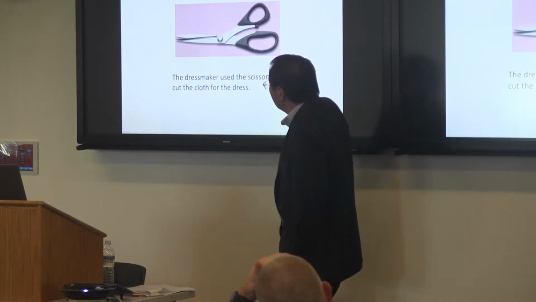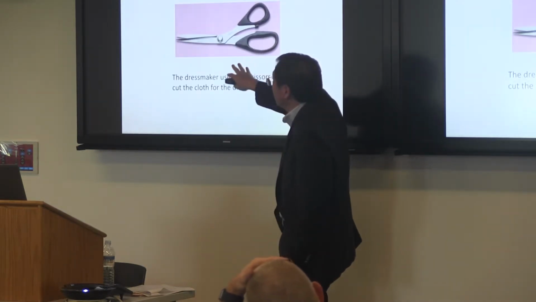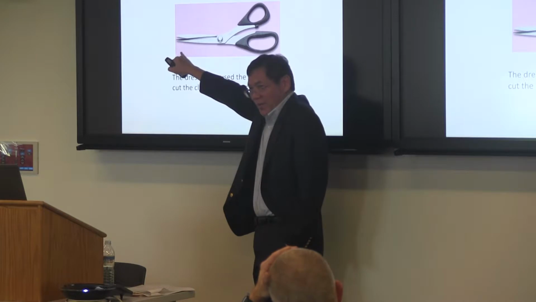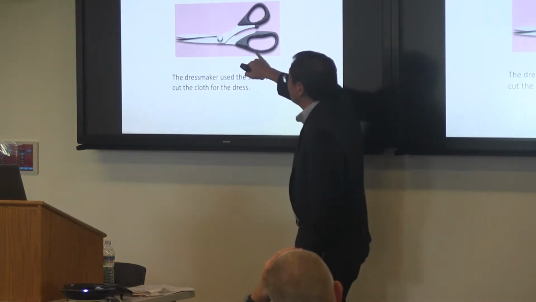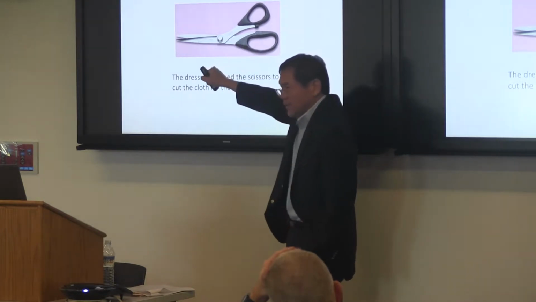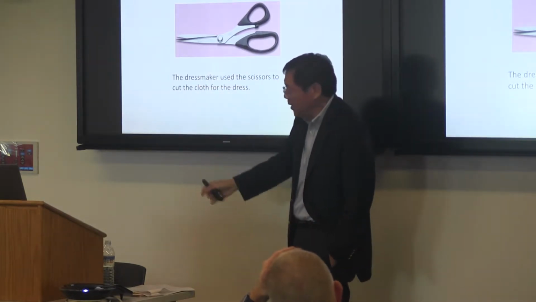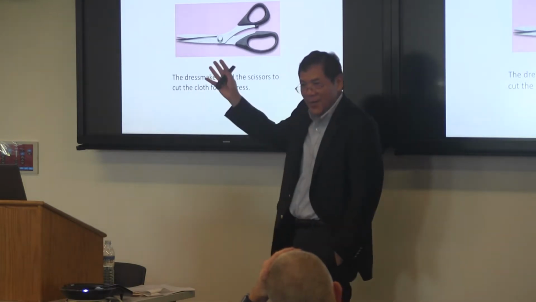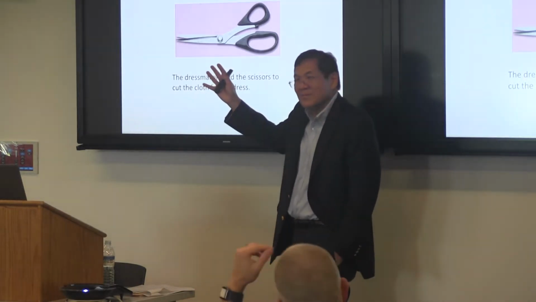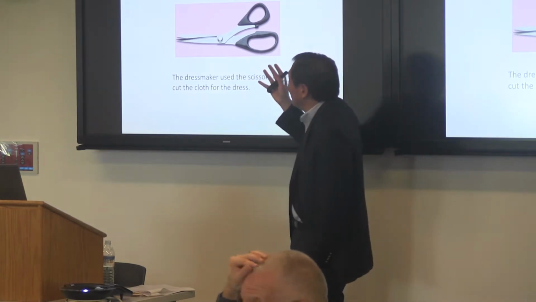Okay, so this is obviously the correct answer, right? So you have pointed scissor tips, you have large holes, you have padding to comfort the hand, and it's bent so that you can get flat to the table. How many got it right? All right. Well, what happened?